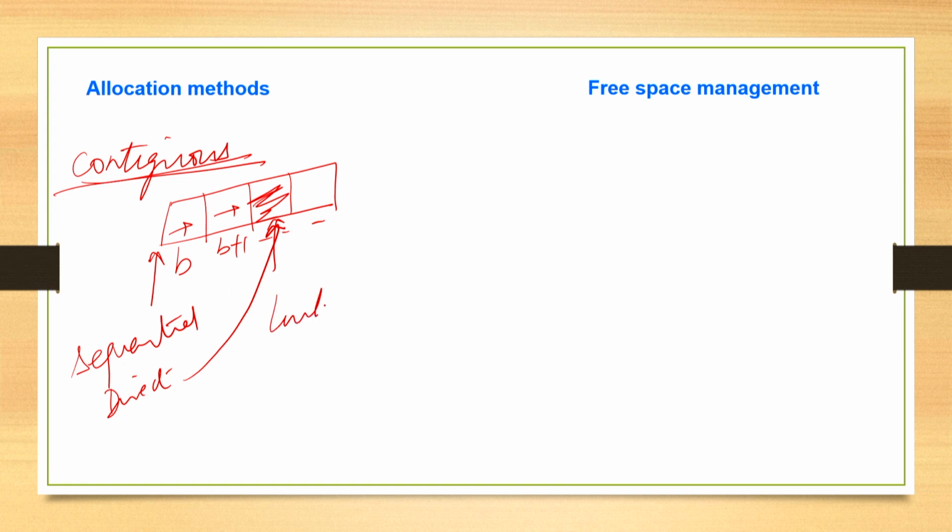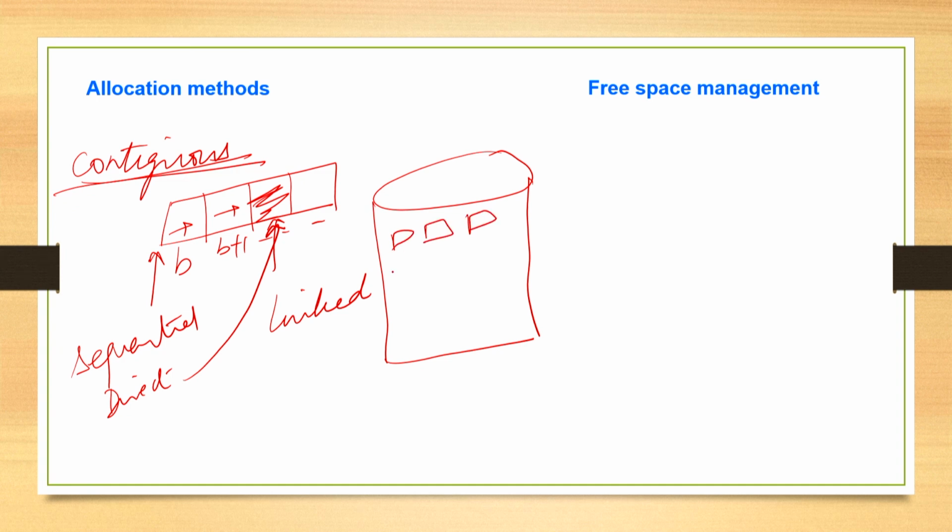It's a linked one. In the case of a link, what will happen? There is a backing storage, and here you have the differences where the data of a file is stored. Say a file starts from 5 and ends at 9.